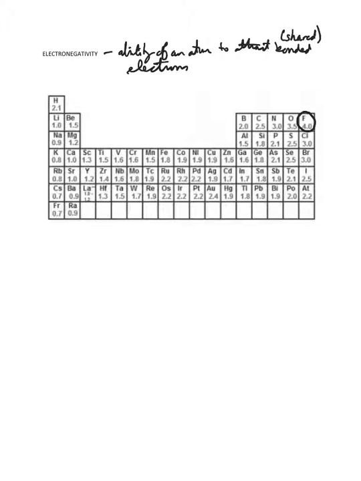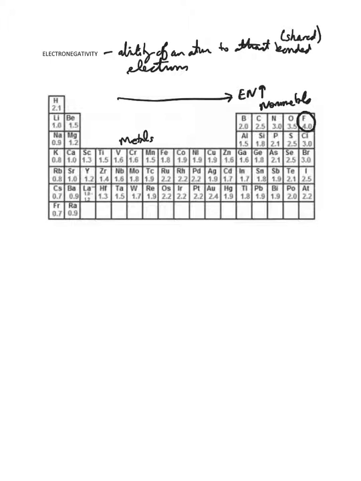And so if we look at that period going across from lithium to fluorine, we can see that as we go across the periodic table from left to right, the electronegativity increases. Lithium's got an electronegativity of 1.0, whereas fluorine has an electronegativity of 4.0. And this makes sense if you remember that nonmetals are to the right on the periodic table.